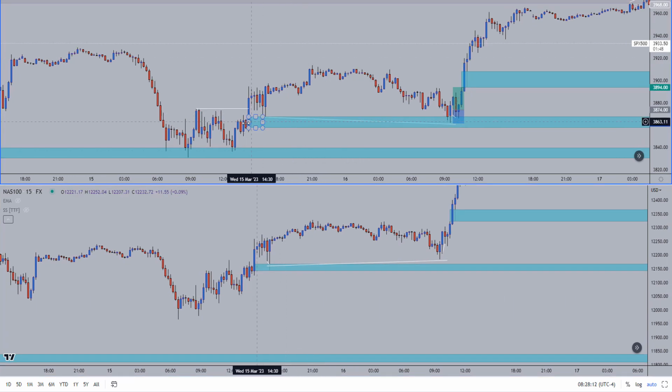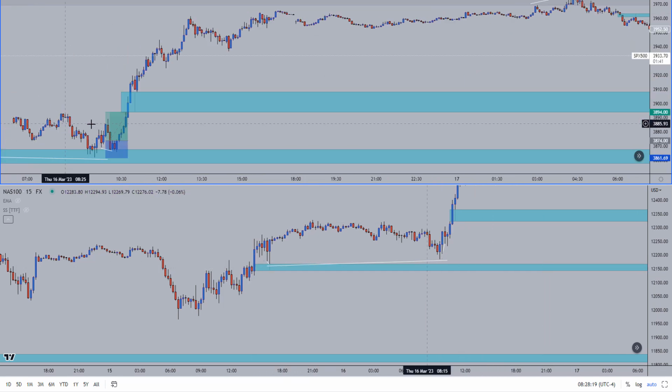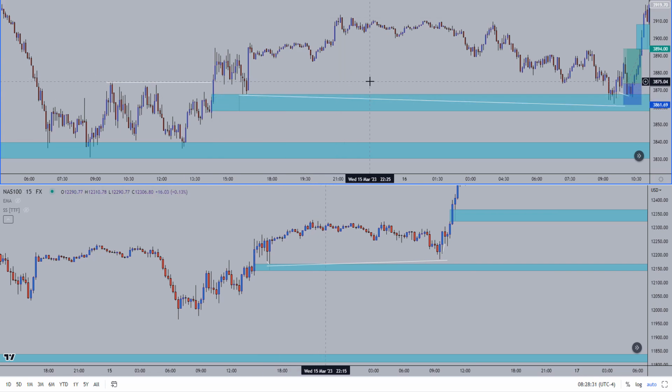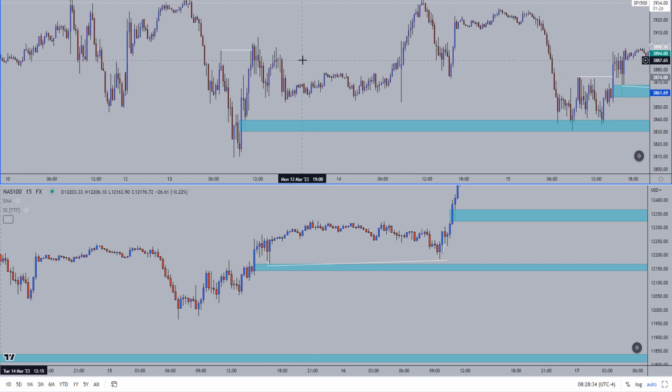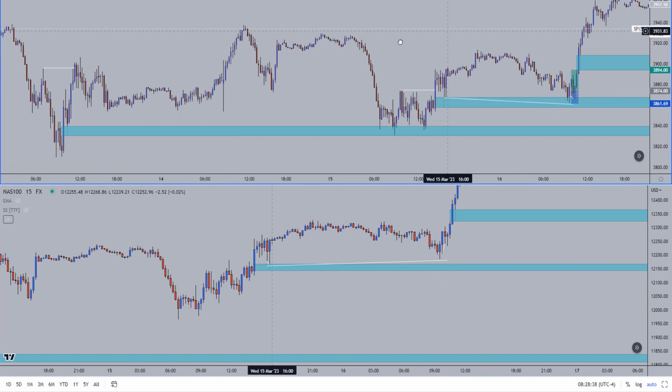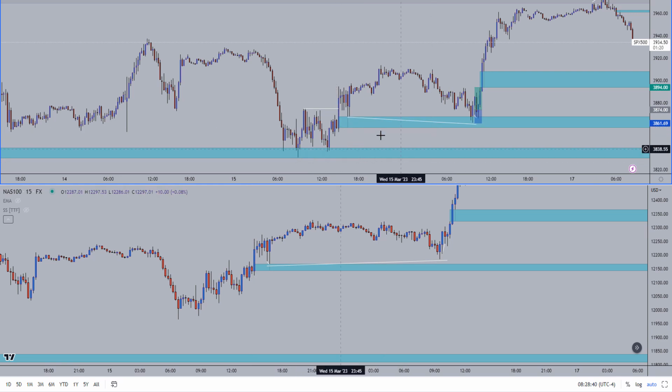And with the same exact logic, I was waiting for a retracement on this candlestick right here, which on the 5-minute time frame is a tiny area of a fair value gap as well, but I did highlight this important area according to me on the 15-minute time frame. Okay, this one right here.